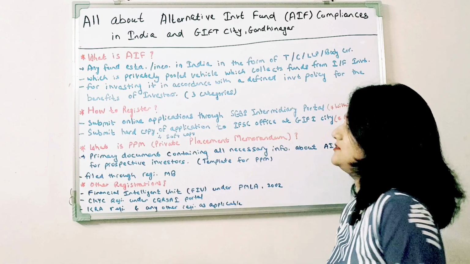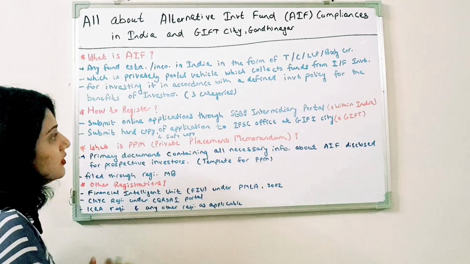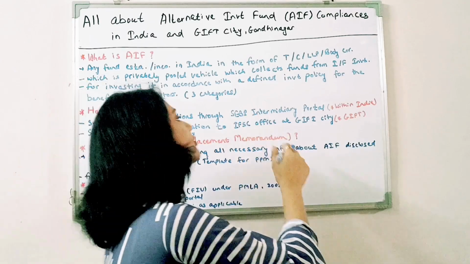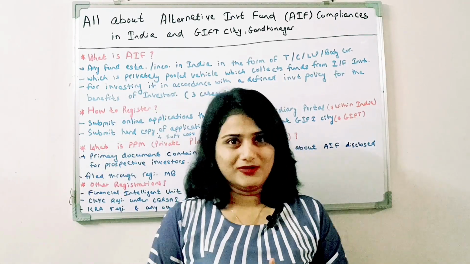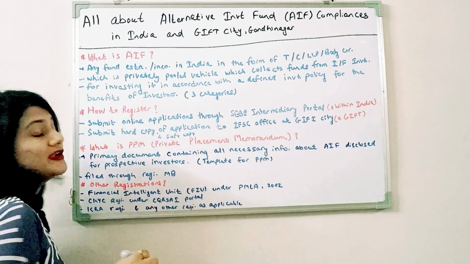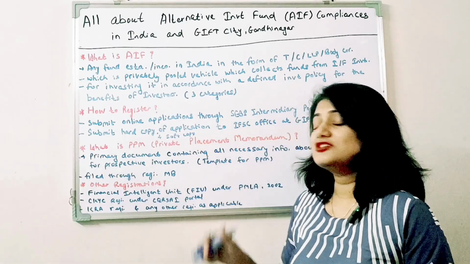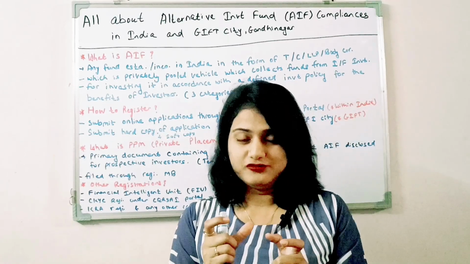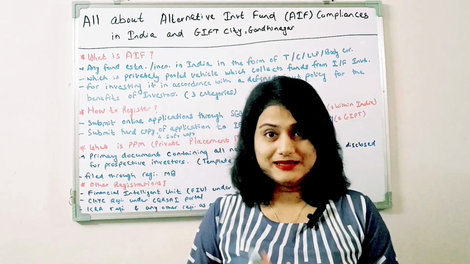Next, how to register. You have to submit an online application through the SEBI intermediary portal if it is registered other than in GIFT City. If you want to get the AIF registered in GIFT City, then you have to submit the hard copy of the application form. The prescribed form is available on the IFSCA website.